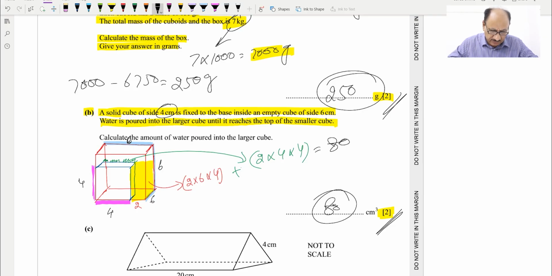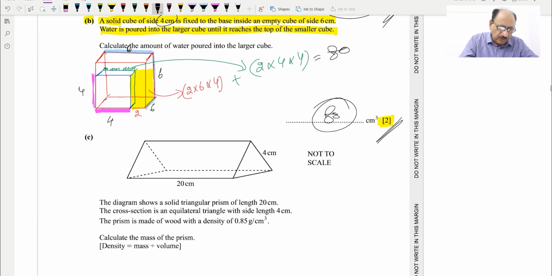Hopefully you understand this. It was a 3-dimensional drawing in B part, so it was a little complicated. C part, diagram is not to scale. The diagram shows a solid triangular prism. Solid is very important in these types of questions, so you need to focus on that point. A triangular prism of length 20.